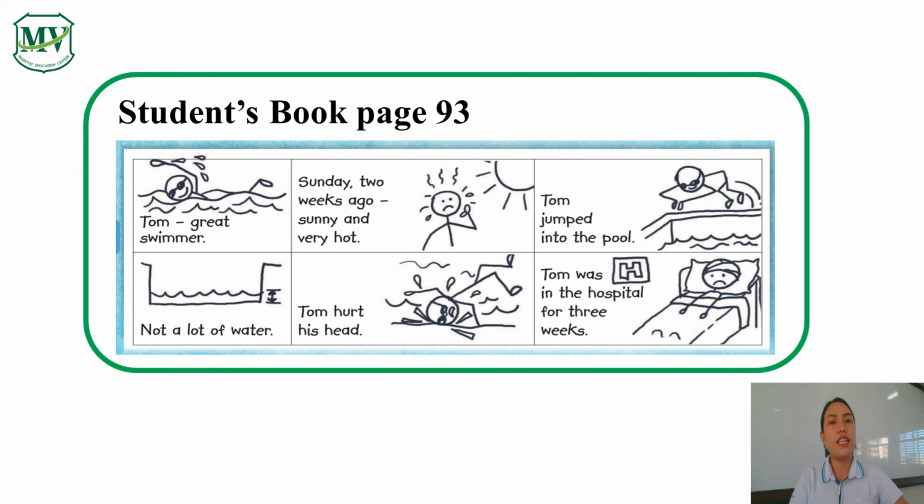On picture 3, Tom jumped into the pool. On picture 4, it shows the problem: there is not a lot of water in the pool. Picture 5 shows that Tom hurt his head, and picture 6 shows that Tom was in the hospital for 3 weeks.